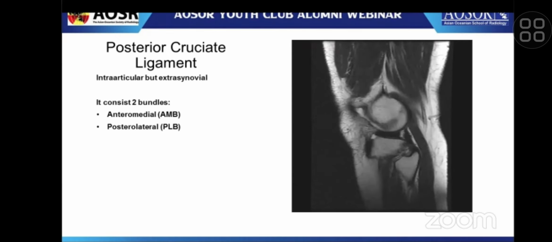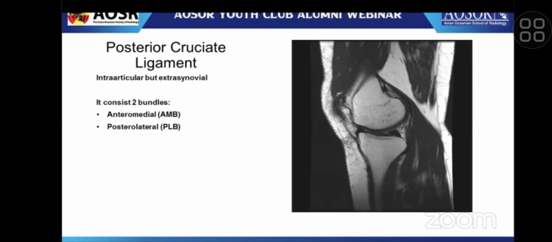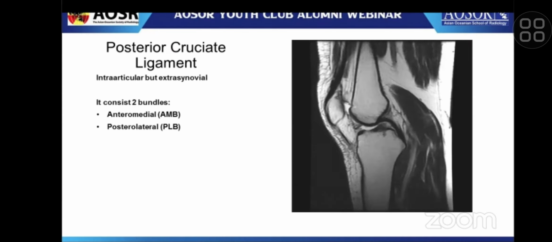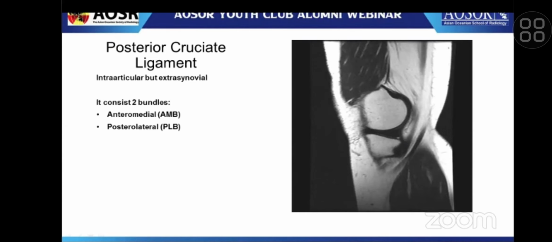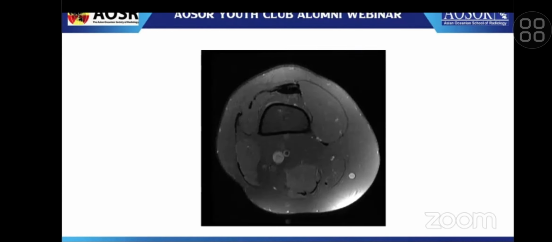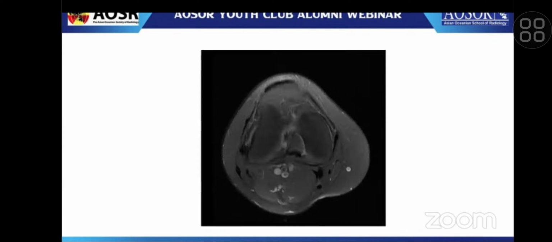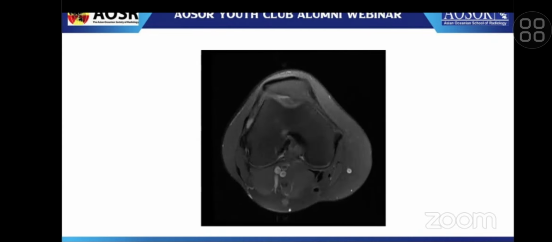The posterior cruciate ligament arises from the lateral surface of the medial femoral condyle and goes to the inferior and posterior lateral intercondylar surface of the tibial plateau. It also consists of two bundles, but on MRI images we cannot differentiate these two bundles.